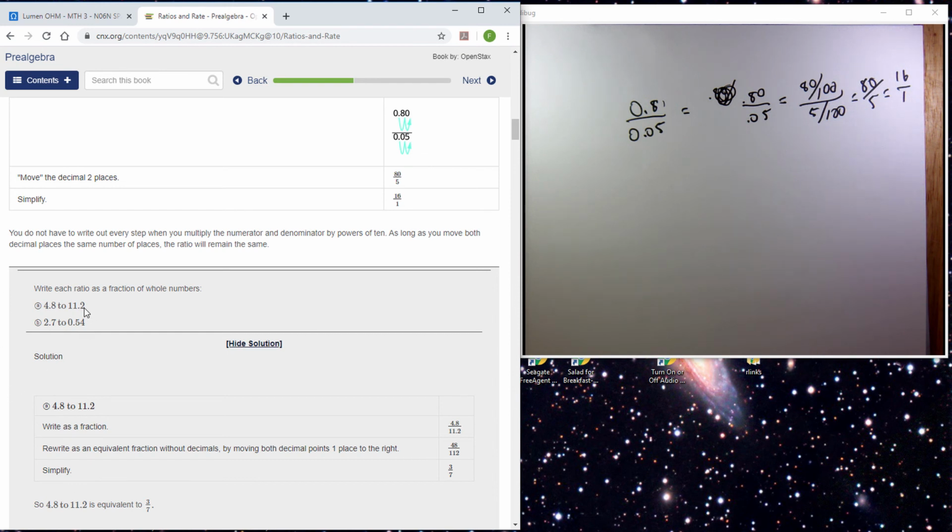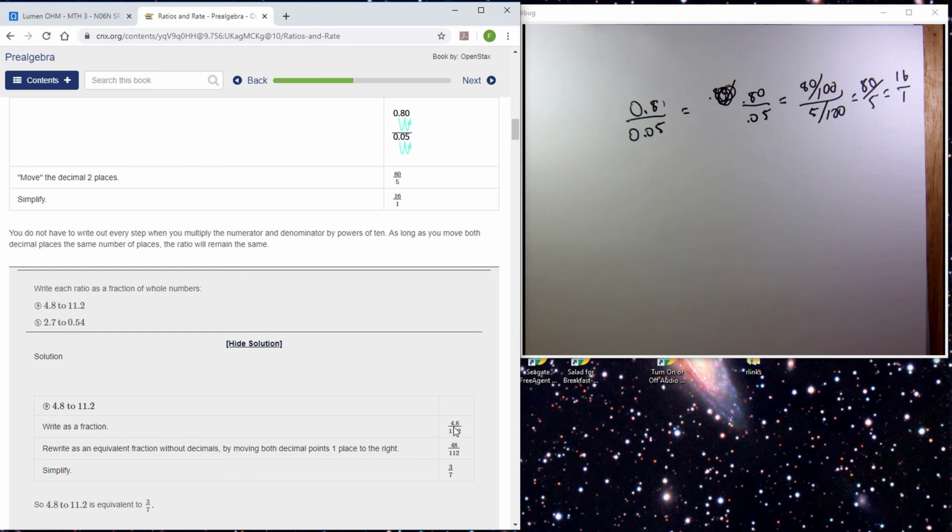So now in this particular problem, they want us to write each ratio as a fraction of whole numbers. So we have 4.8 divided by 11.2. Notice they both go to the tenths place.